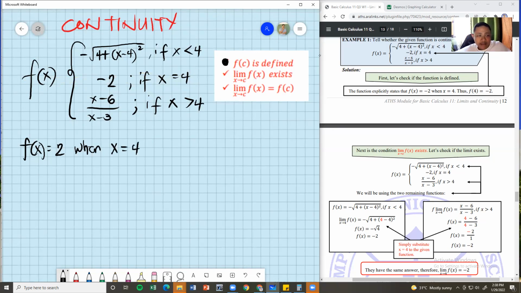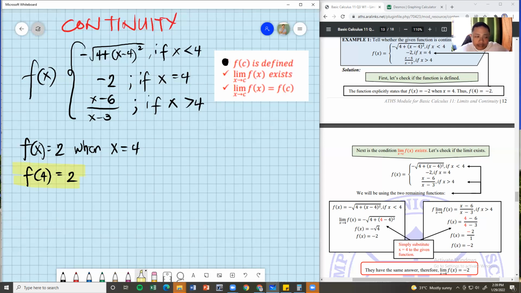It says here that the function will be equal to 2 if the value of x is 4. Can you follow? Therefore, we can say that f of 4, substituting the value of x, which is 4, magiging siyang f of 4 is equal to 2. Therefore, we can say that f of 4 is equal to 2.